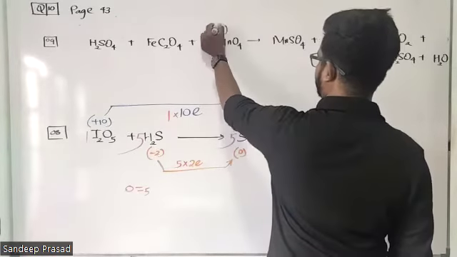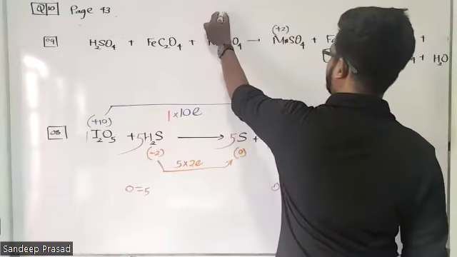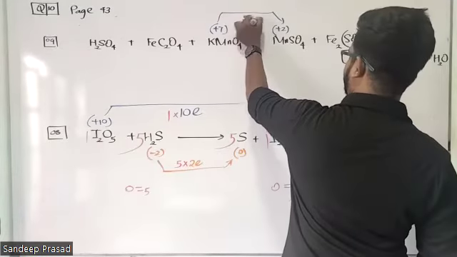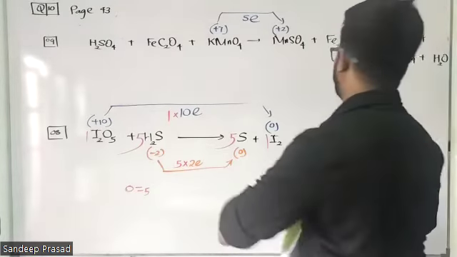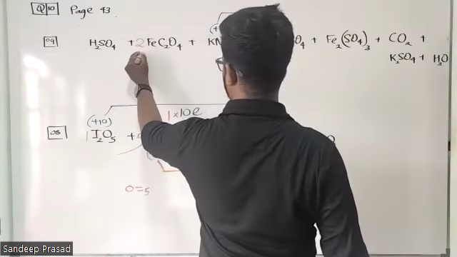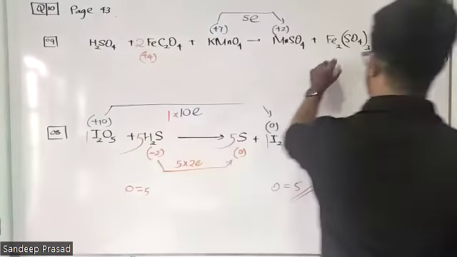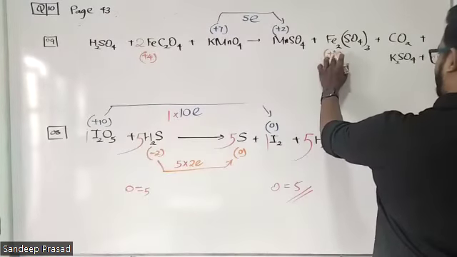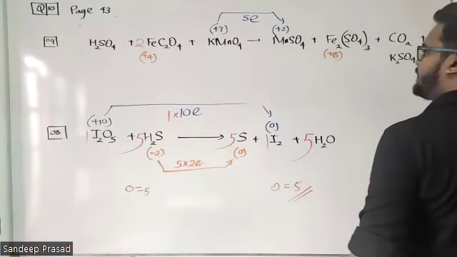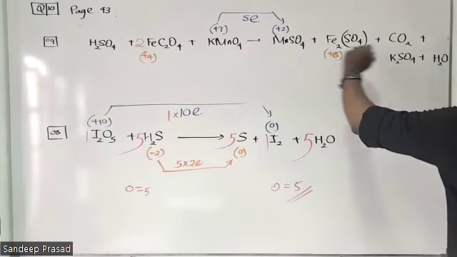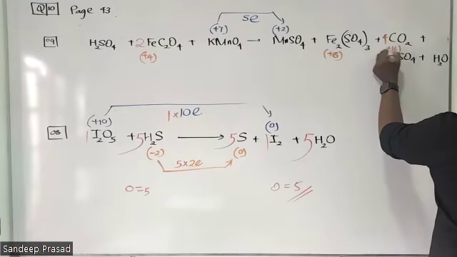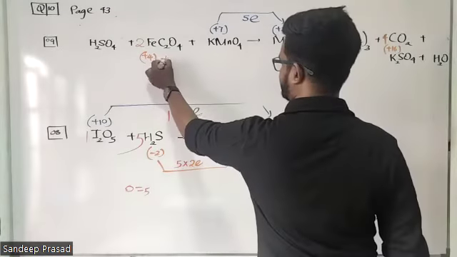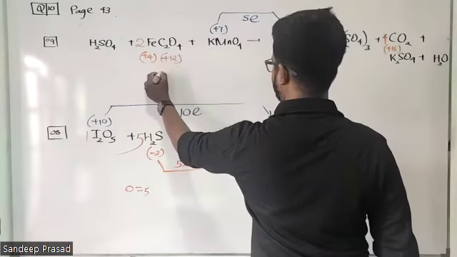Manganese plus 7 to plus 2. Decrement is 5. Here there are 2 iron atoms, plus 2 to plus 3, and carbon plus 3 to plus 4, increment. There are 4 carbon atoms in the left hand side, therefore let me put here 4. So therefore here we can see that plus 16, here plus 12.